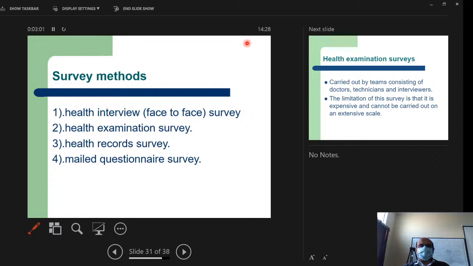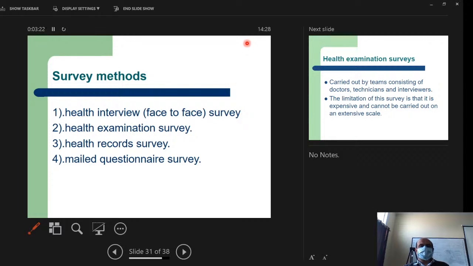Then there is also the self-administered questionnaire. You make the questionnaire and give it to the participant, and the participant reads it, understands it, fills it and gives it back to you.